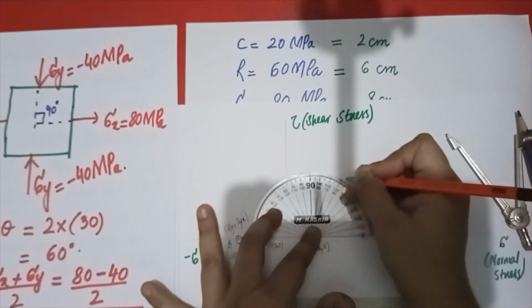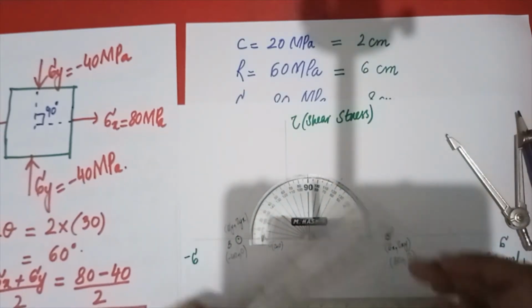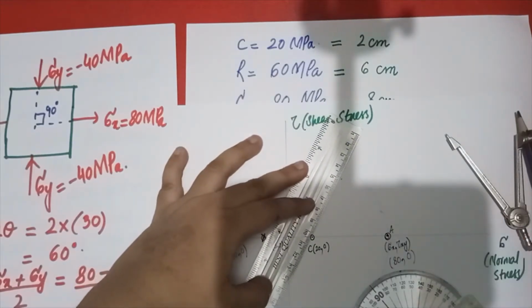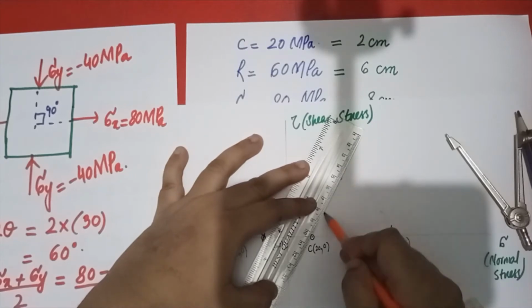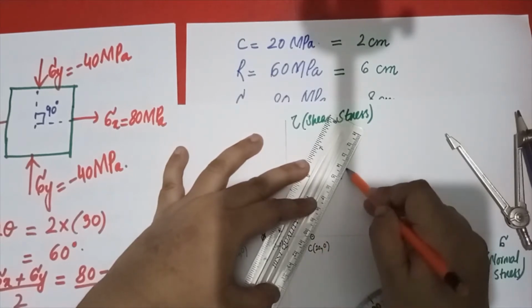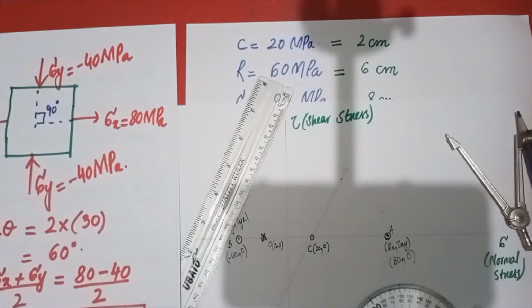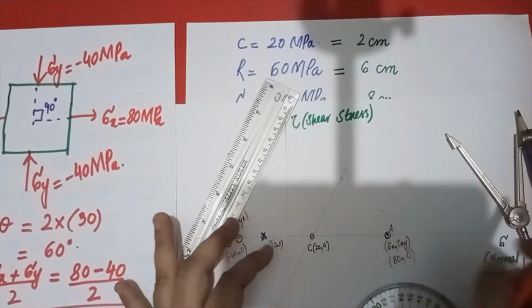You have to write down the construction steps while watching this video. So when I get this point, I have to draw this line from here to here. Then R, you should write down R here.